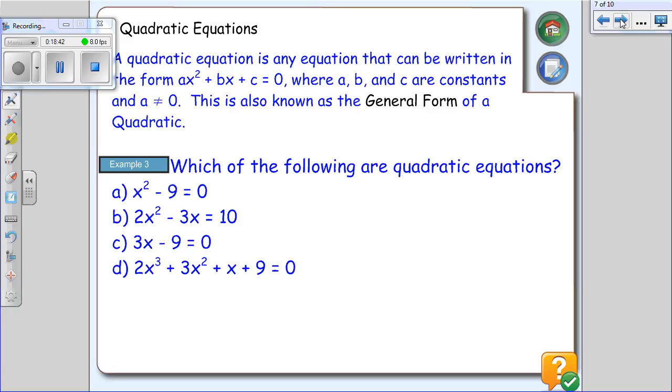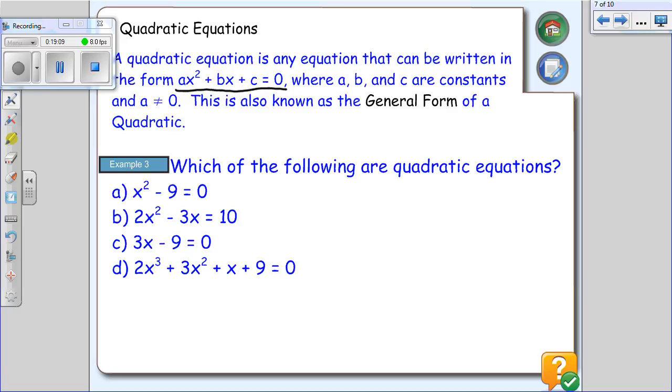A quadratic equation is any equation that can be written in this form, which we've actually already been practicing. That's where you go ax squared plus bx plus c, where a, b, and c are constants, so just numbers, and a cannot equal 0.